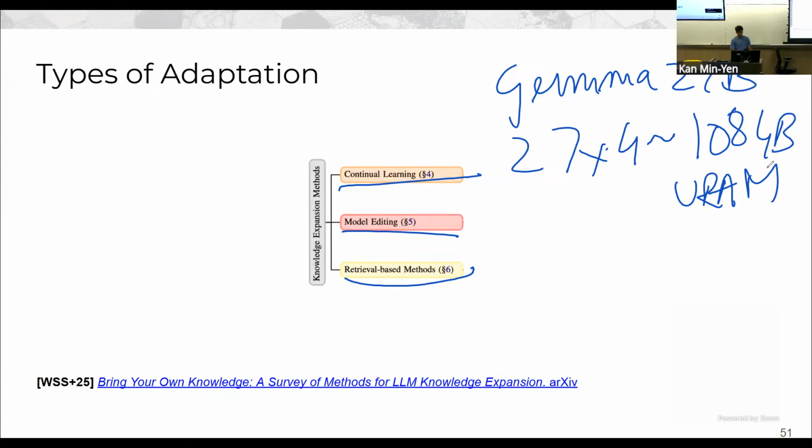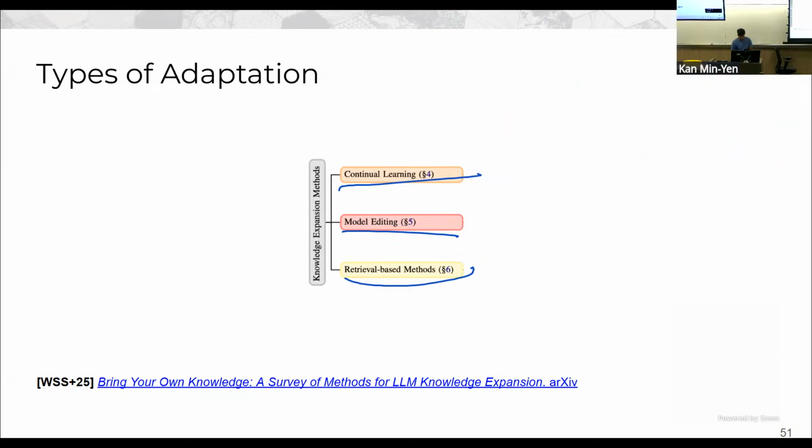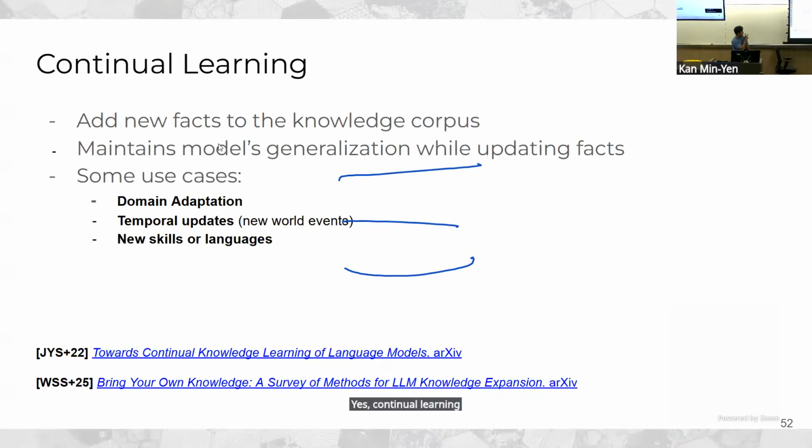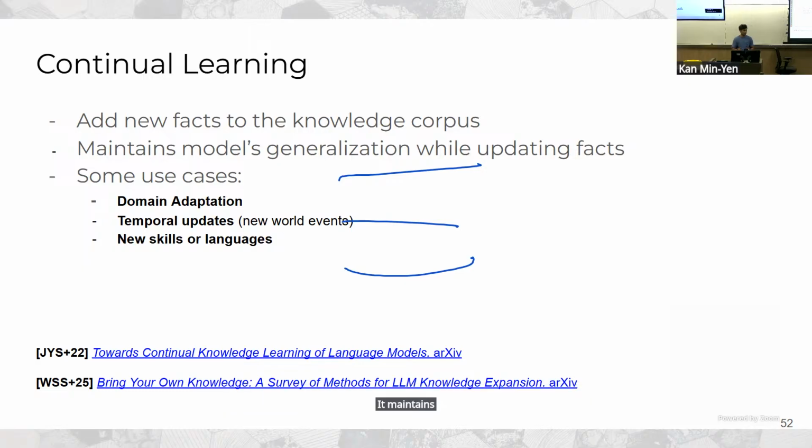Now I'll explain what continual learning is. Continual learning is where we add new facts at a very large scale to the model's knowledge corpus. It maintains the model generalization, and it can be used for several use cases like domain adaptation.